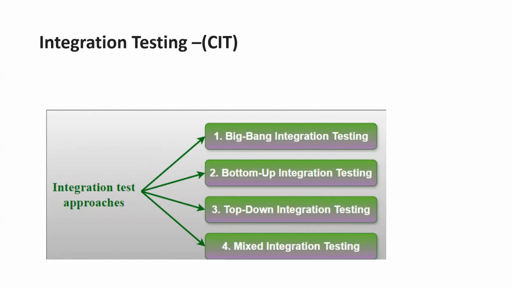Integration testing means component integration testing. Once individual components are tested, after that we integrate all the components, right? That is called component integration testing, or you can say integration testing. So what is integration testing?